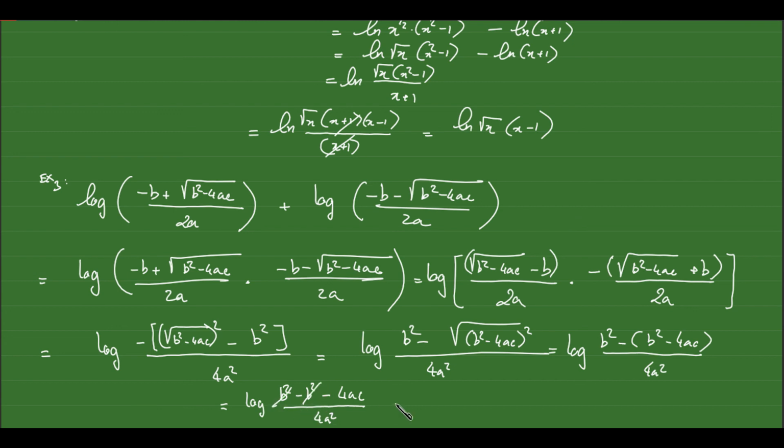It's gone. So what I have left is log of negative 4ac over 4a squared, and you simplify the 4, and simplify one of the a, so you have log of negative c over a.